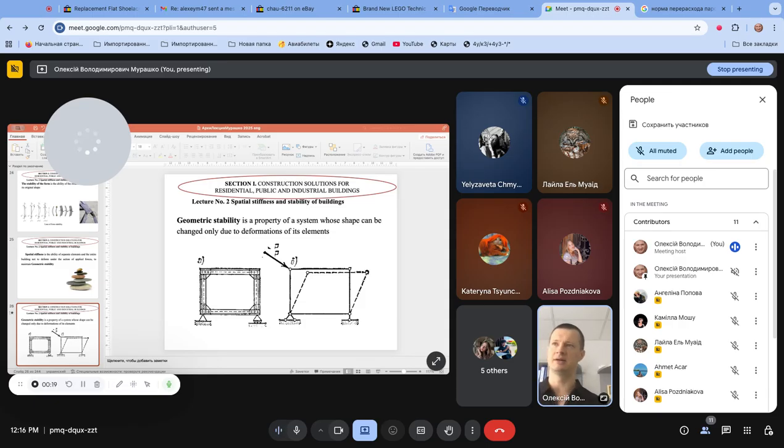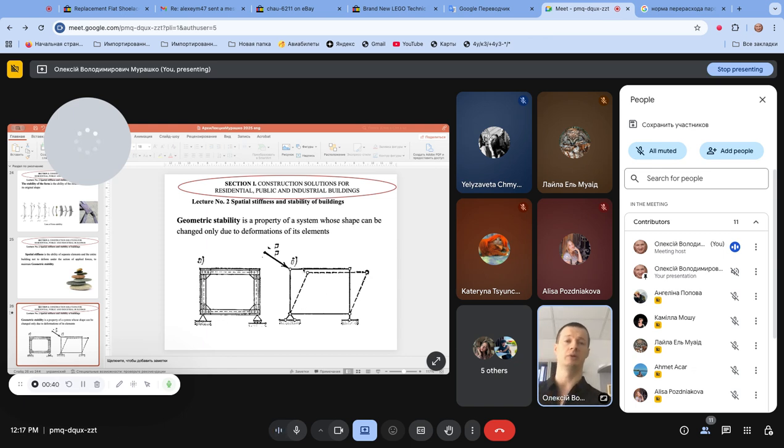And as Elizabeth helped me, the difference between a rigid connection and hinged connection, in this case, is that this connection works as a geometrically stable construction, and the deformation of the overall system can be because of deformation of each element.